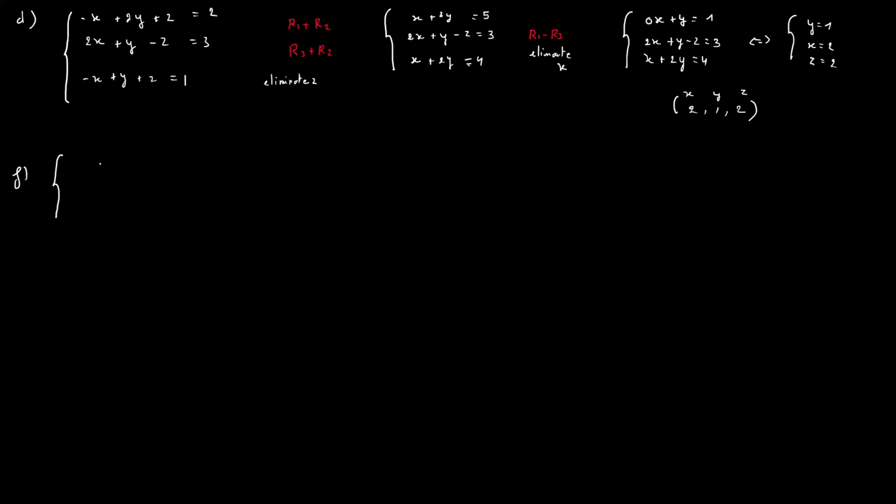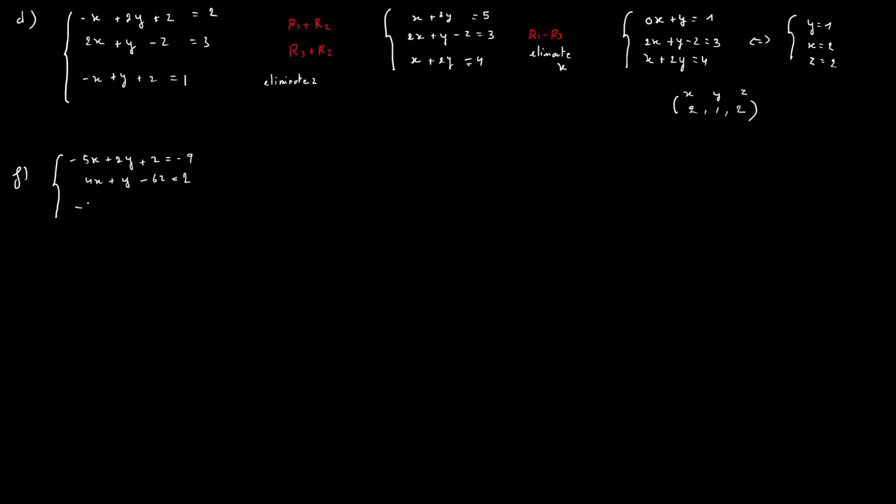We have minus 5x plus 2y plus z is equal to minus 9. 4x plus y is equal to minus 6z, and that's equal to 2.